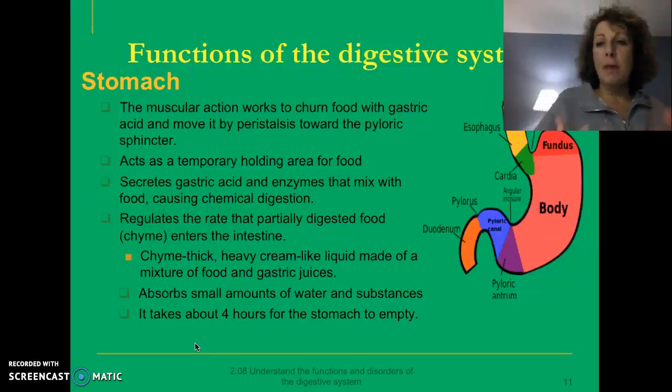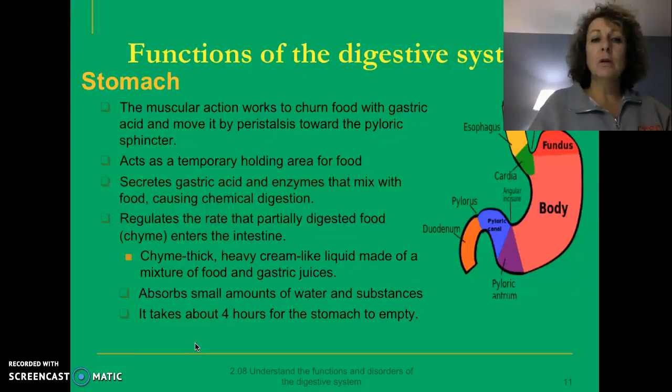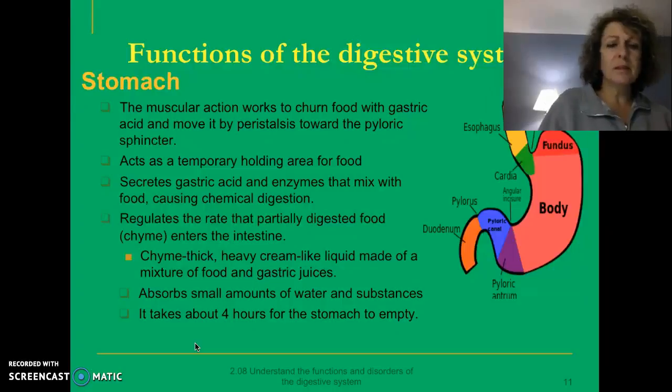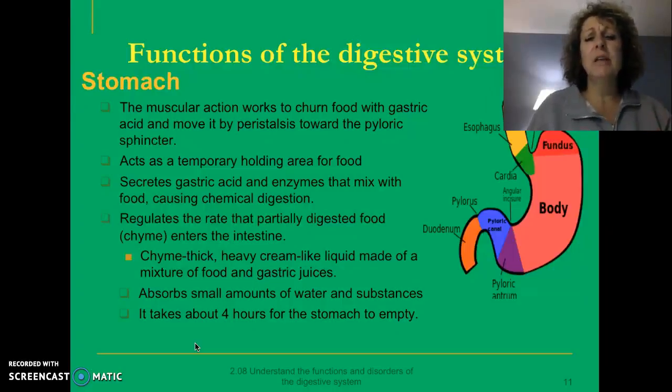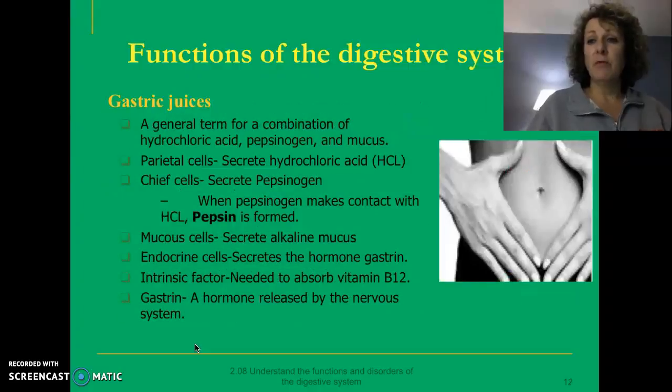After it gets all that stuff mixed up with gastric enzymes, when it gets to the small intestine, it is called chyme. So it's a partially digested food. It's kind of a heavy cream-like liquid made of a mixture of gastric juices and food. Your stomach does absorb small amounts of water, and it takes about 4 hours to empty it.